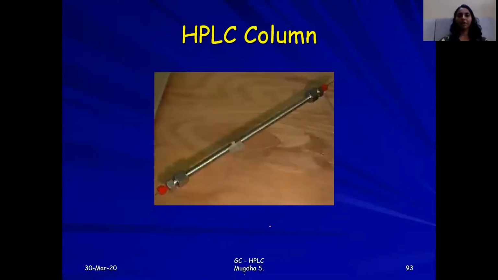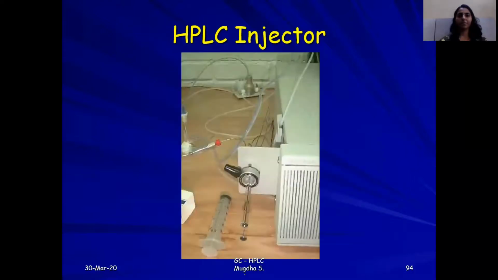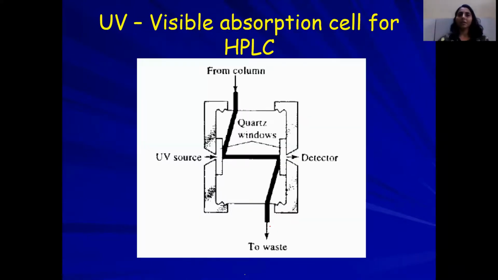This is the setup for an HPLC. This is an HPLC column. This is the HPLC injector, the septum type. Now some of the detectors that could be used. One of them is the UV visible absorption cell, which is used in HPLC.